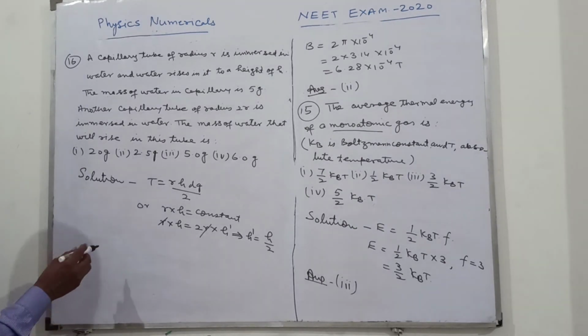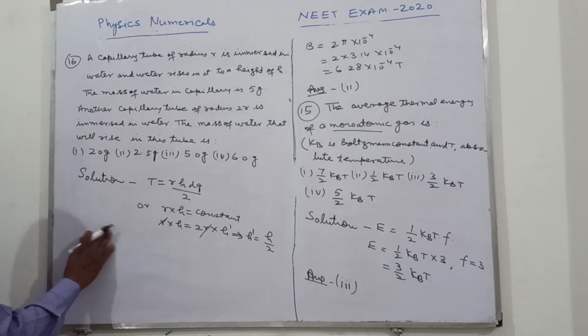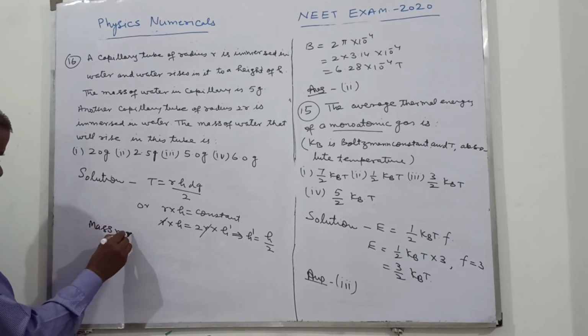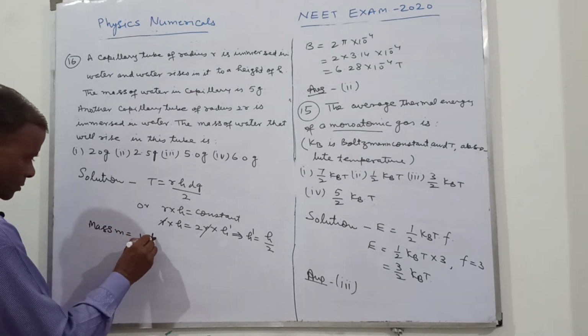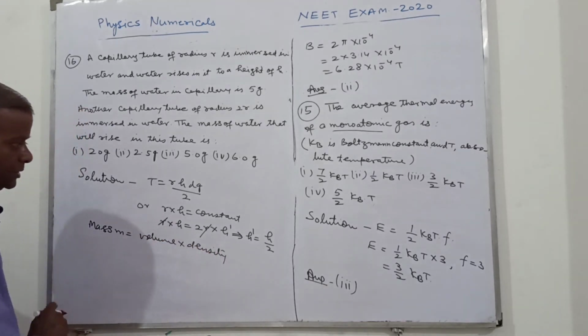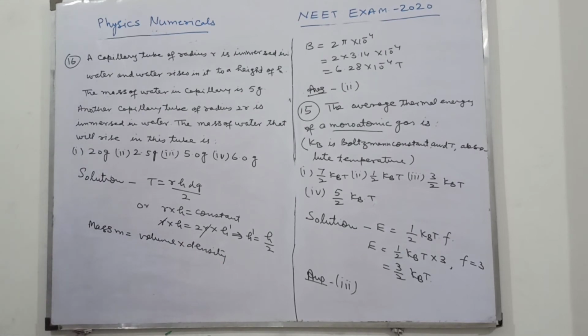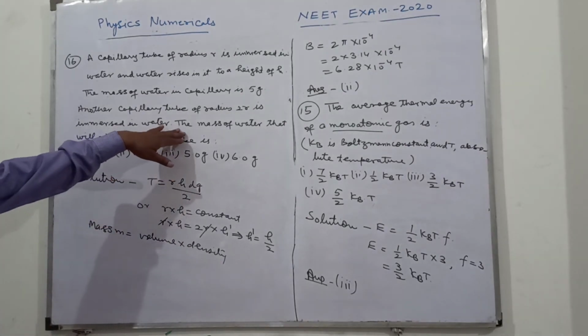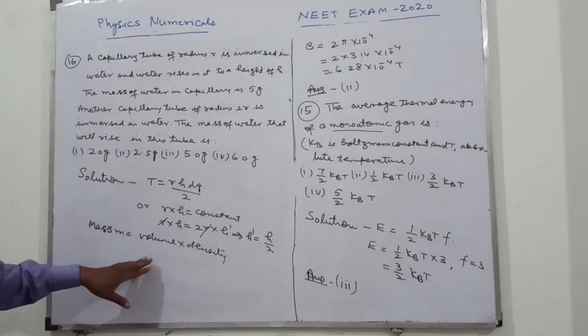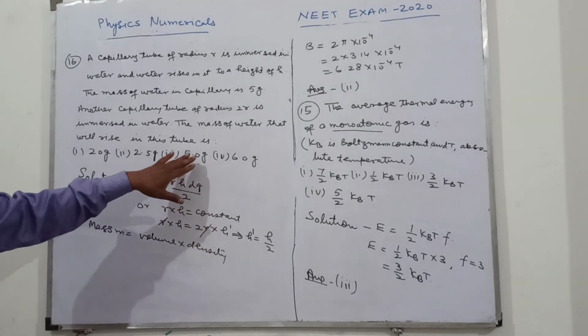Now mass, m equal to volume into density. This question is based upon your understanding, because nothing is taught about this, that how much mass will be in the tube when this is immersed in the liquid. So this is based upon your knowledge of how to find this mass with the help of this formula.